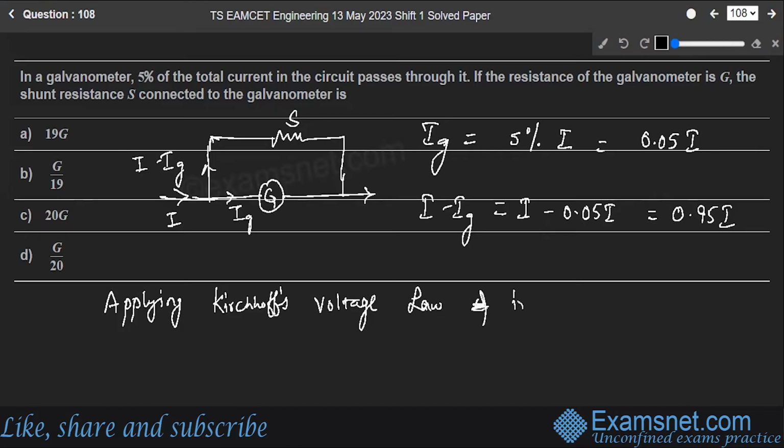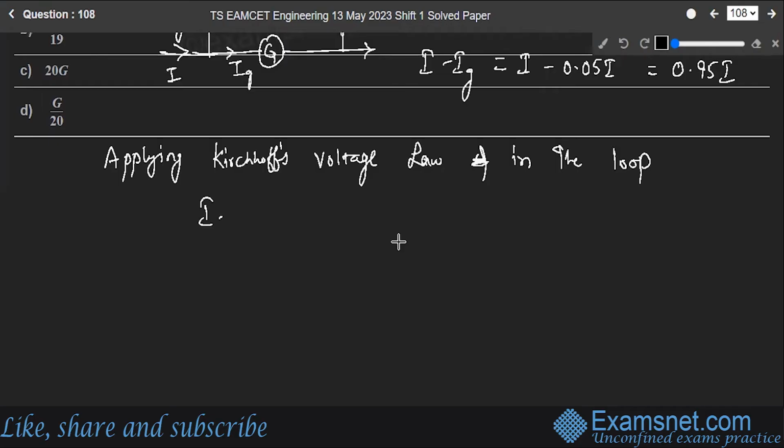In the loop, you will get (I minus IG) into S, because this current is passing through S, plus minus IG into G, that is the resistance of the galvanometer. This is equal to 0.